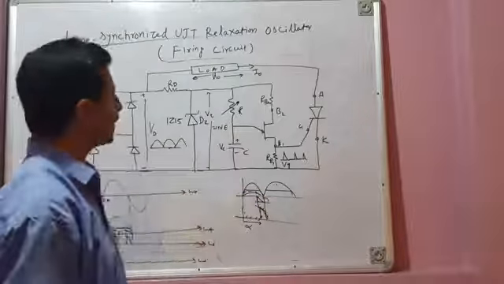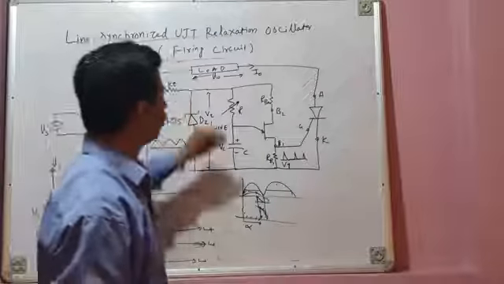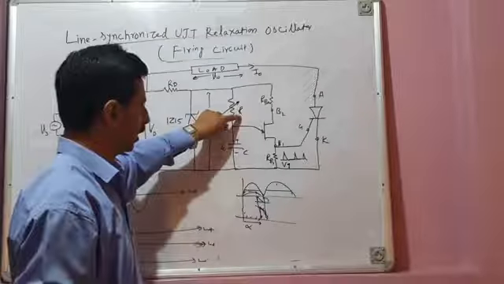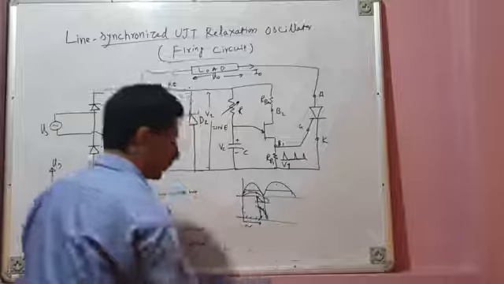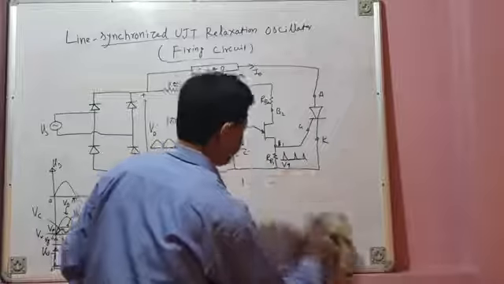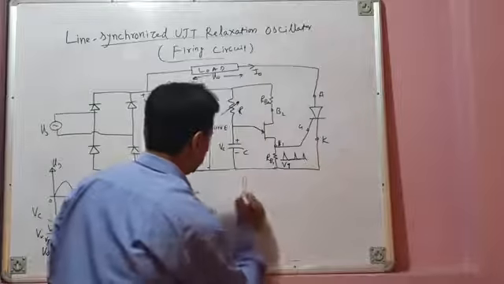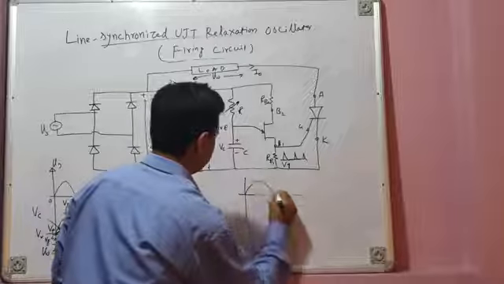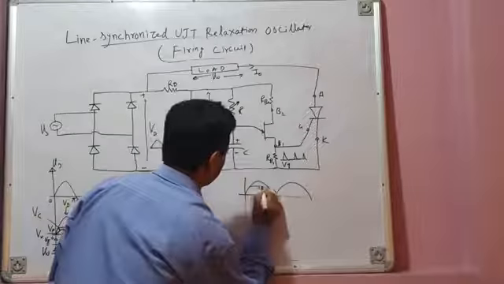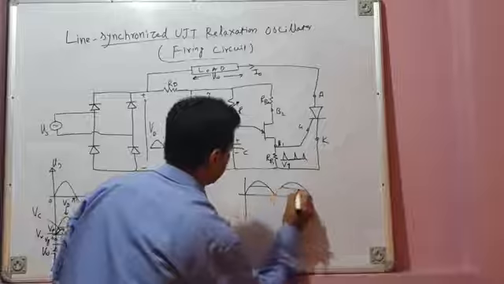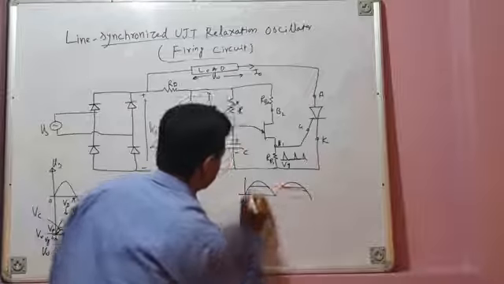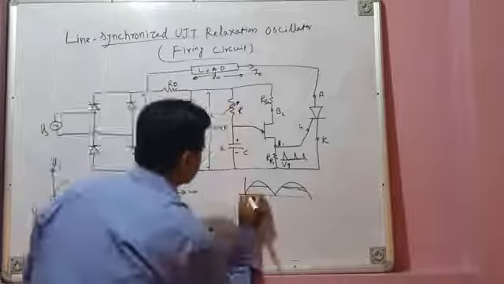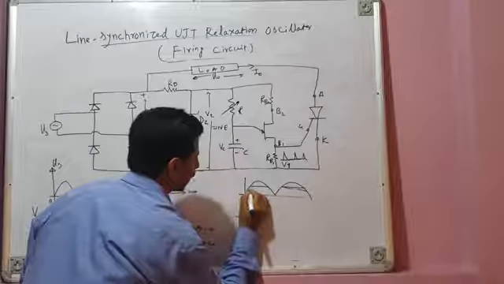If you want to decrease alpha, you want more average output voltage across the load, you reduce R. When you reduce R, that also I can show here. This is Zener voltage. When you reduce R, this capacitor quickly charges to peak point voltage.